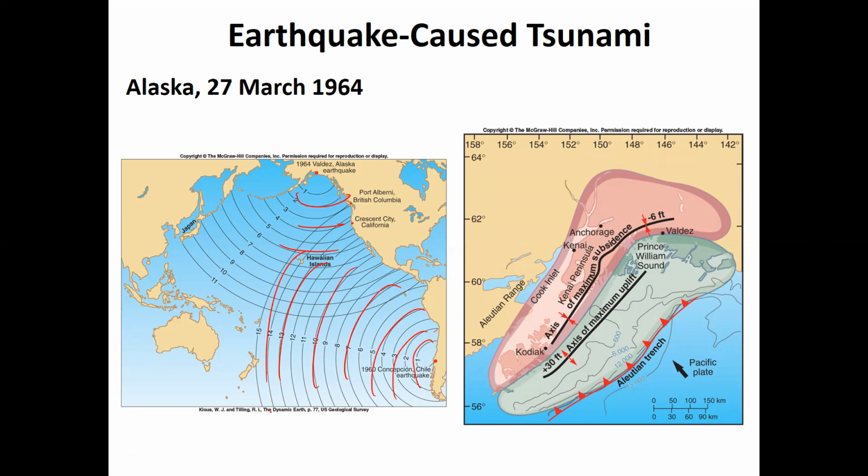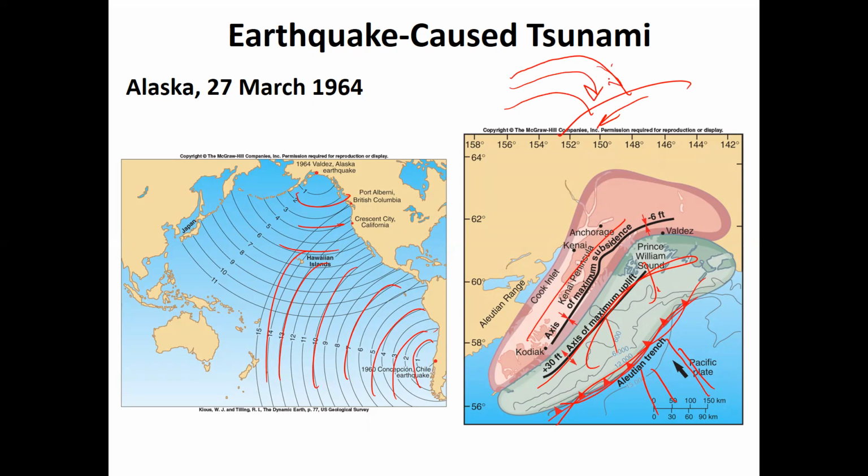And so for the case of the Alaskan subduction zone, this plate is subducting under this plate. Here is the subduction zone. So this area was moving downward and this area is moving up. Because as this was moving, this was being flexed down.